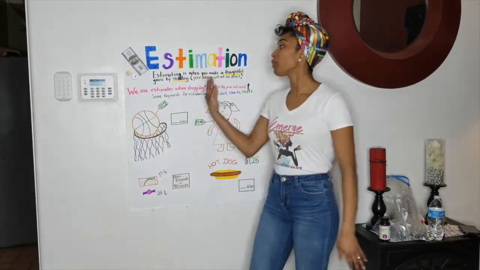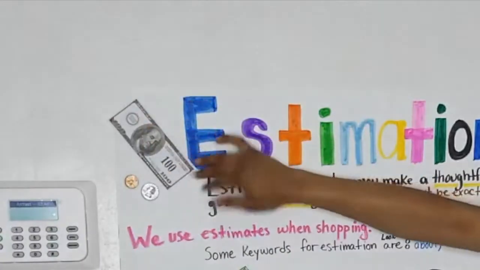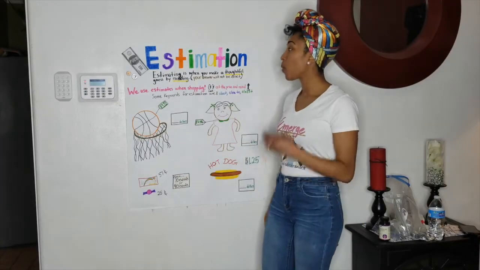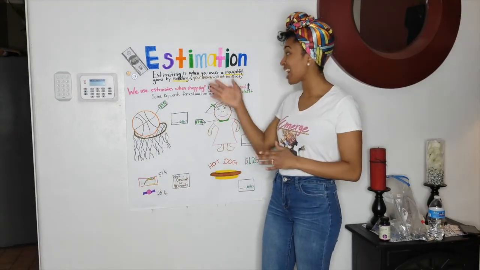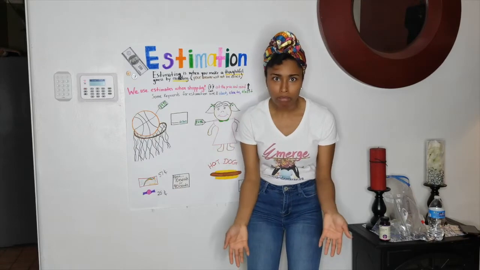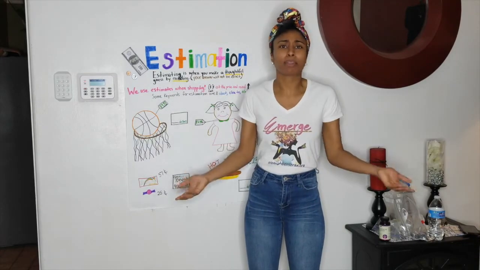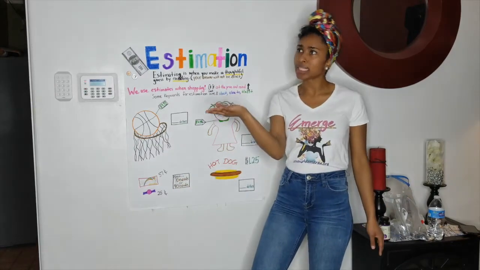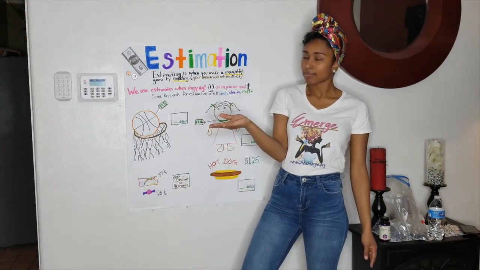Okay, now, when we estimate using money, we round up, okay? When we estimate about money, we round up. We never want to round down or stay where we are simply because what if you had to pay $2.75 for something, right?